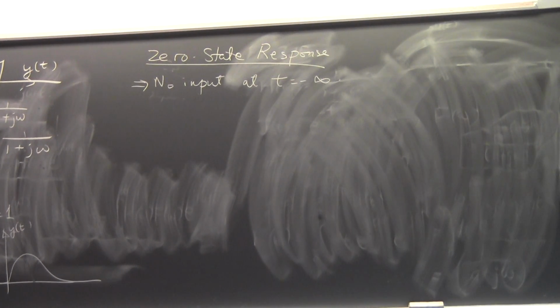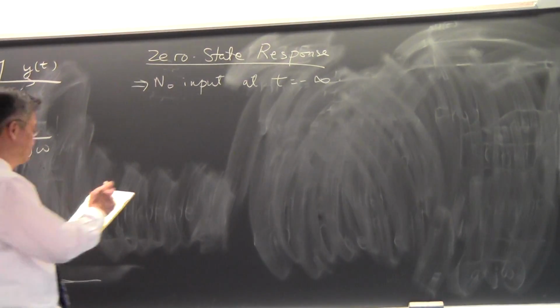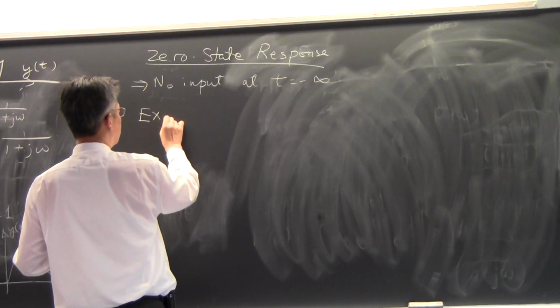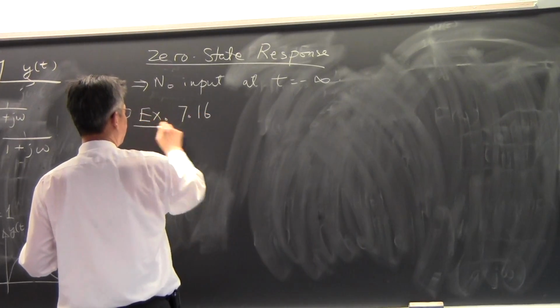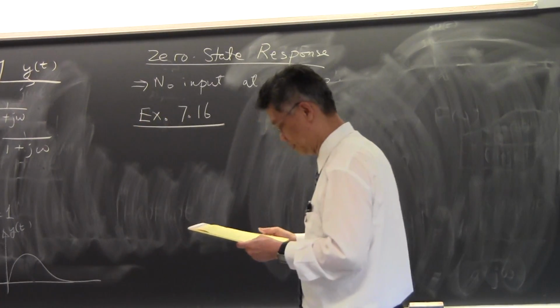This is called a zero state response. You were set to zero state initially. This is also called a zero state response in the textbook. Just one important concept before I move on.